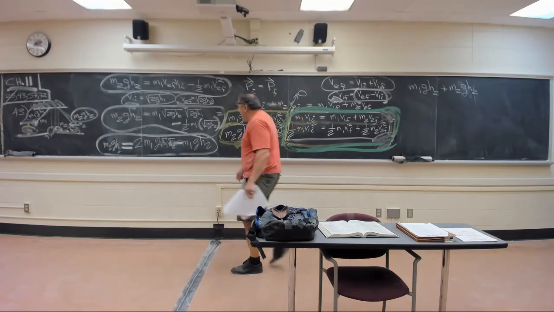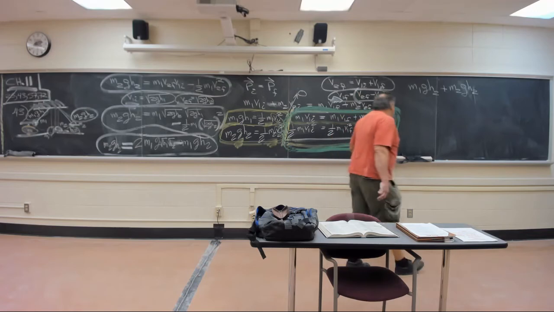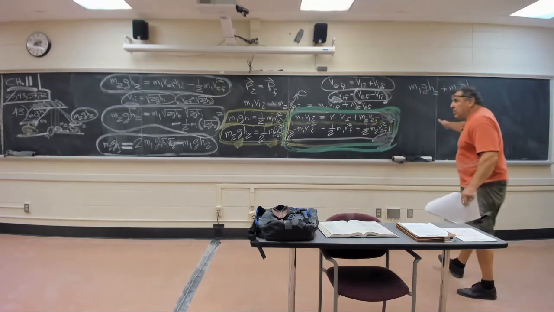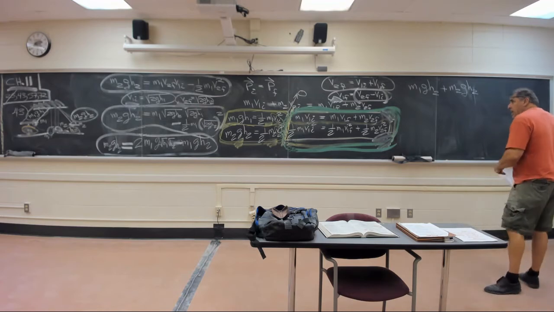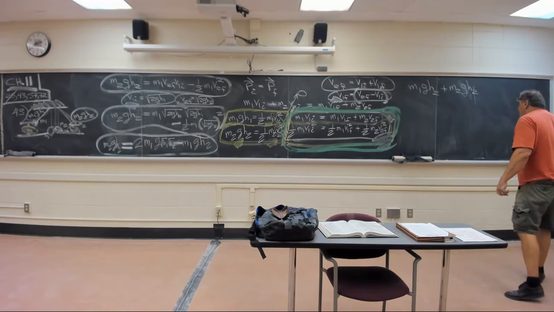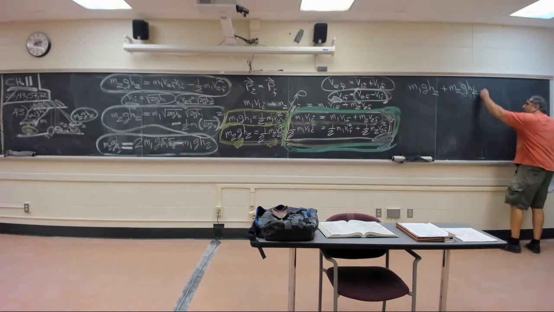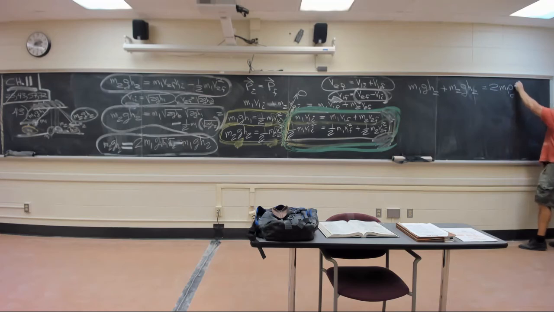So you add a positive M1GH2 on each side, and you get M1GH2 plus M2GH2 as well equals 2M1G, and then the square root business here.